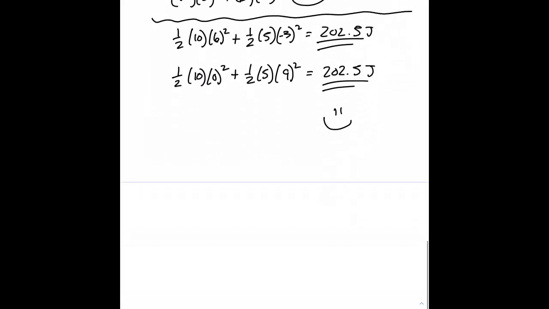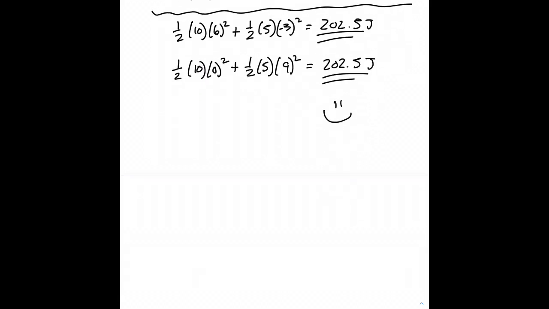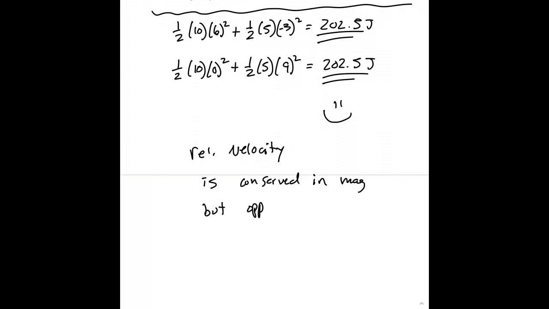So the big takeaway here is when it comes to elastic collisions, and only elastic collisions, we can say that relative velocity is conserved in magnitude but opposite in direction.